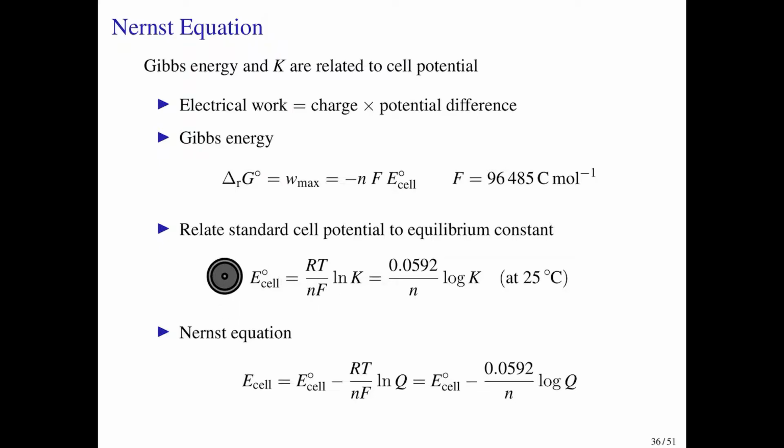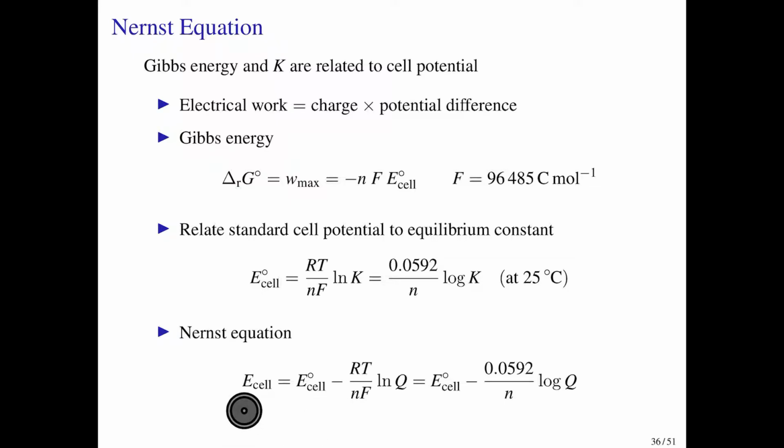There are two cell potentials, just like there are two Gibbs free energies, one for standard state conditions and the other for non-standard conditions. So the E cell circle is the cell potential for standard state conditions. Before the reaction has occurred, you can calculate the before and after. That gives you the cell potential under standard state conditions.